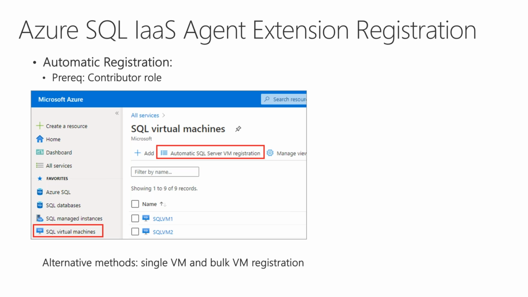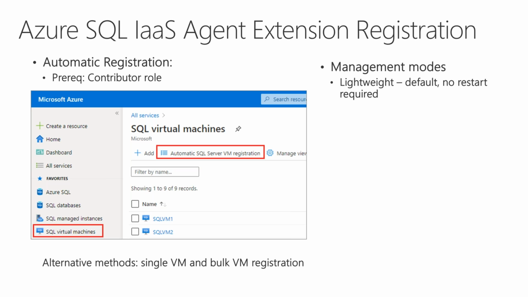In your process, you might say, hey, whenever a developer or engineer creates a VM on Azure that has SQL, you need to make sure you register it manually. But you know how things go when you require a manual process to happen. There's opportunity for that to not happen. So automatic registration is definitely recommended if that works for you.